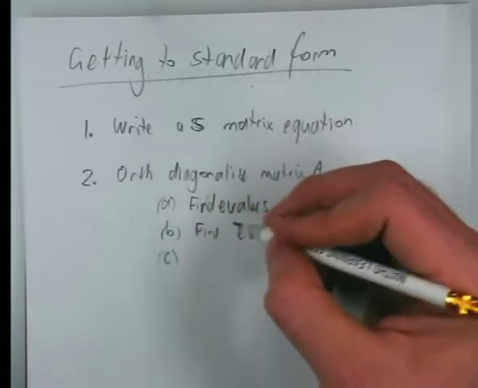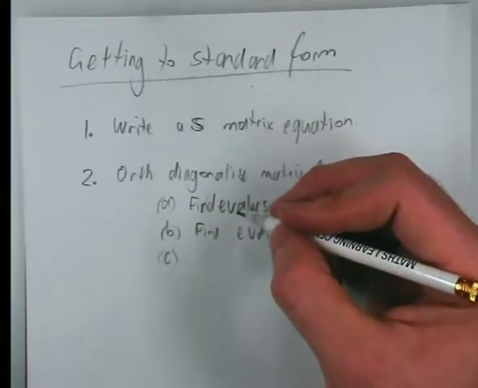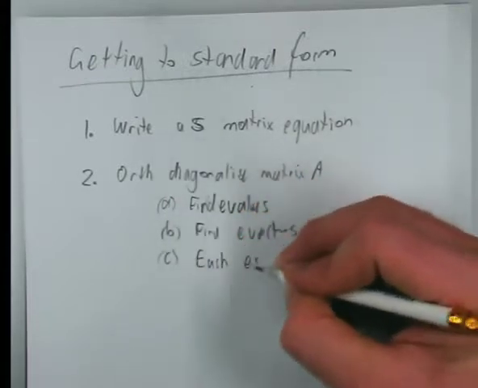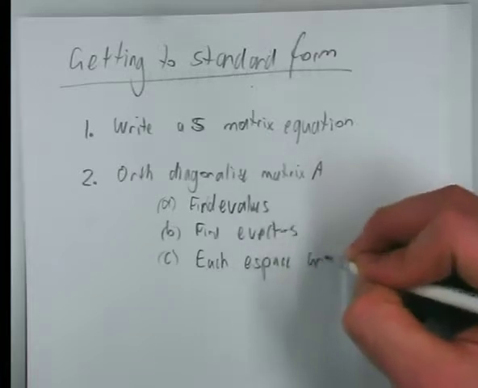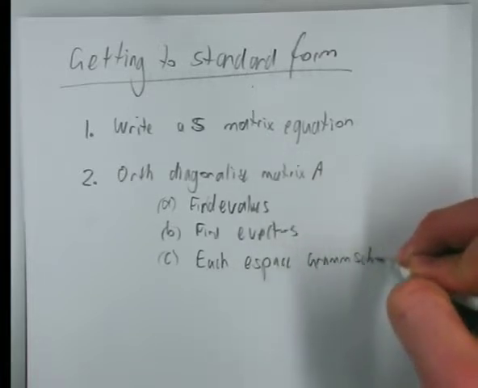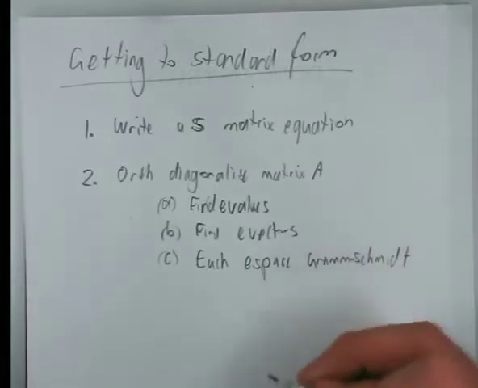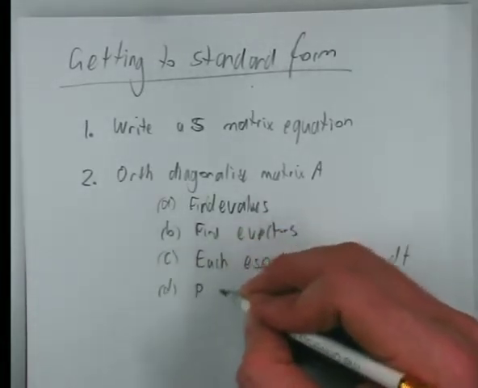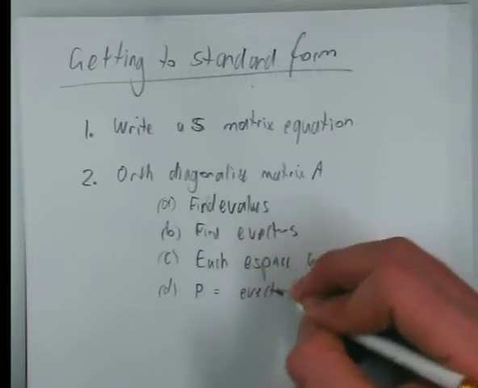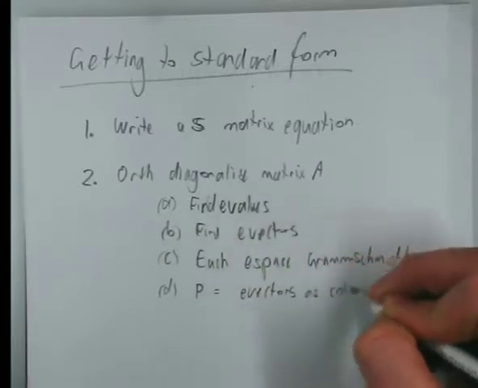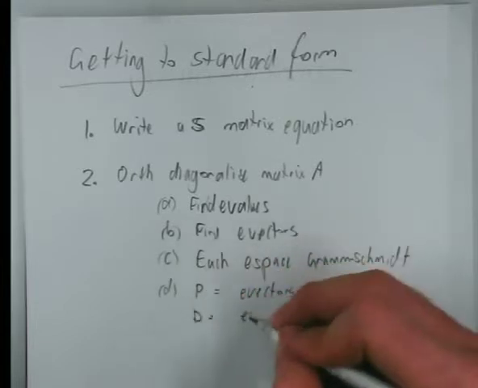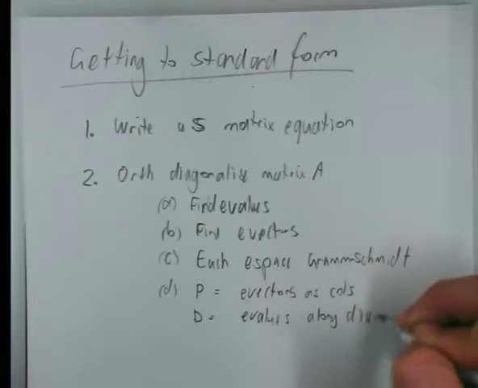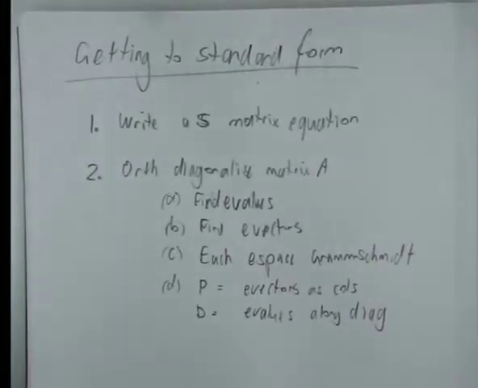We may possibly have to do the Gram-Schmidt process within each eigenspace. Then P is the eigenvectors as columns, and D is eigenvalues along the diagonal. All right, so that's the biggest step of this.